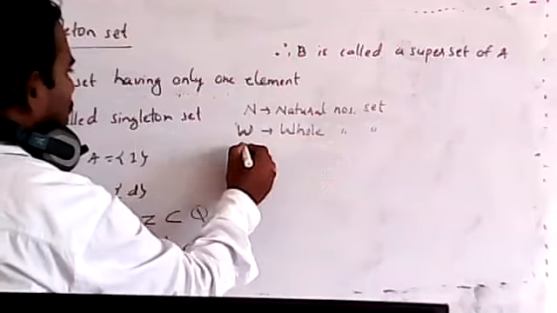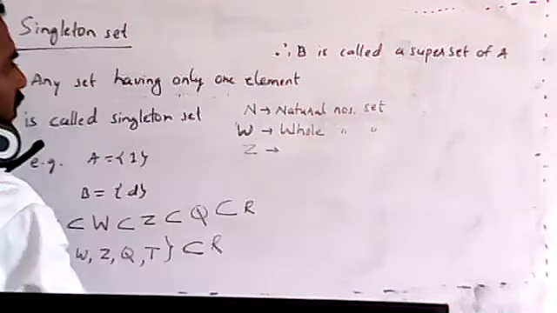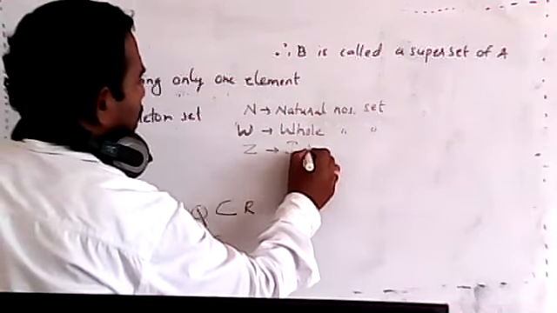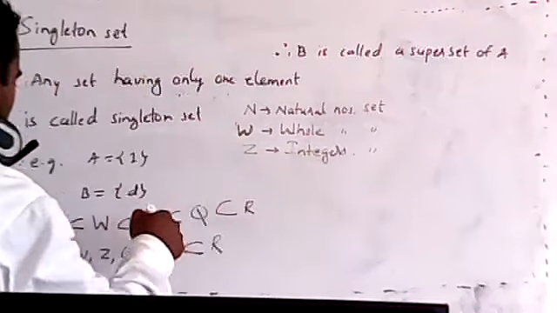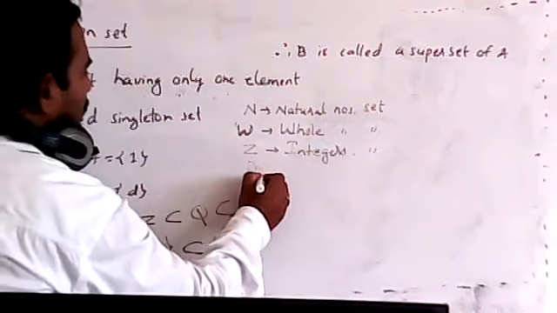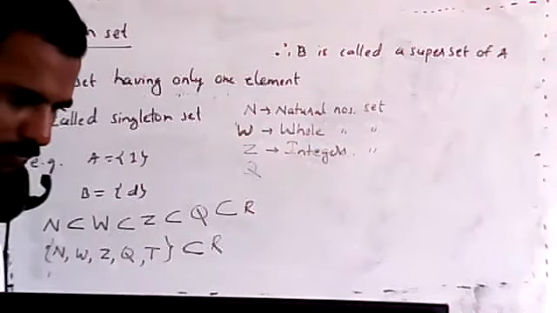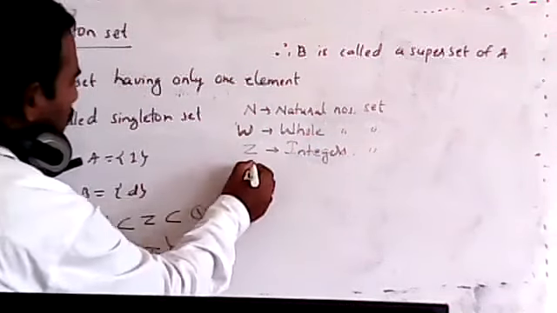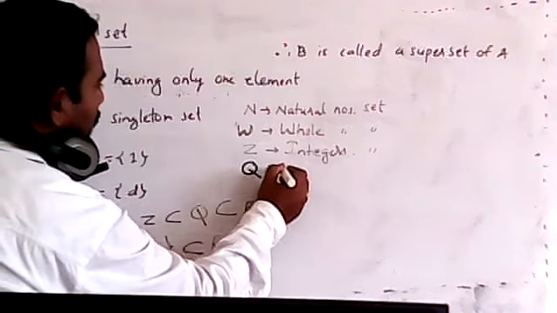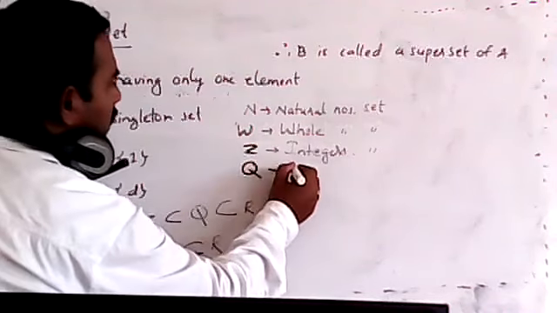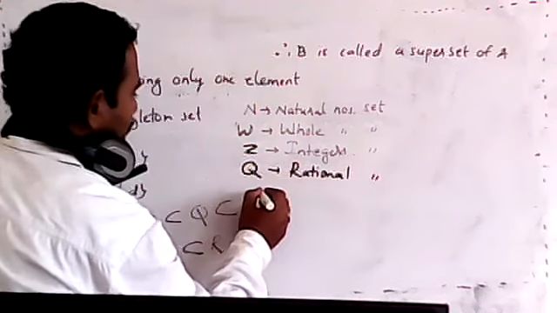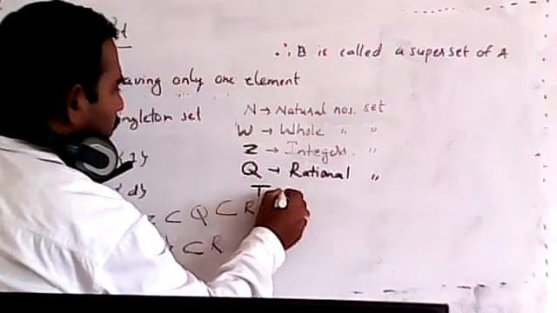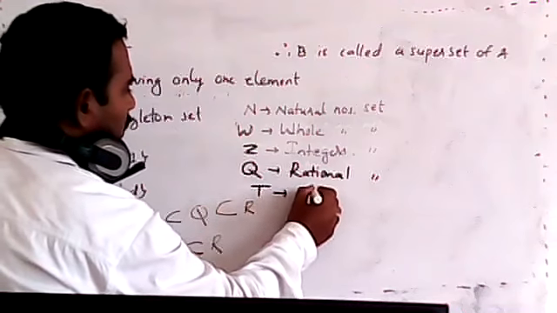Similarly, Z is the integers set. Again, the symbol Q is the rational numbers set. Again, T I have used, it is the irrational numbers set.